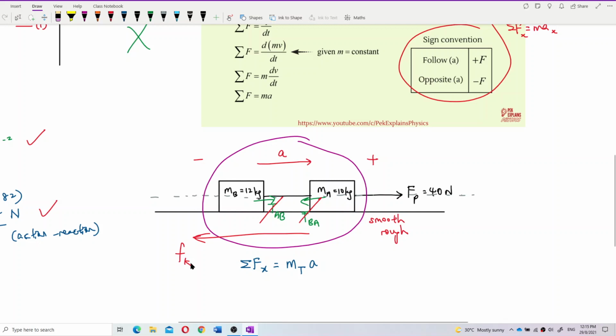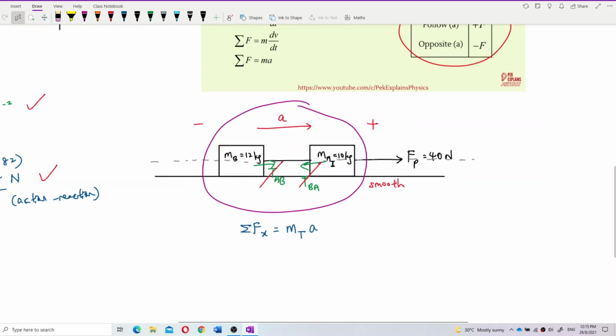But this time we don't have friction, so it's easy. We only have one pulling force to the front. These two tensions cancel each other, so no more tension, just the pulling force.